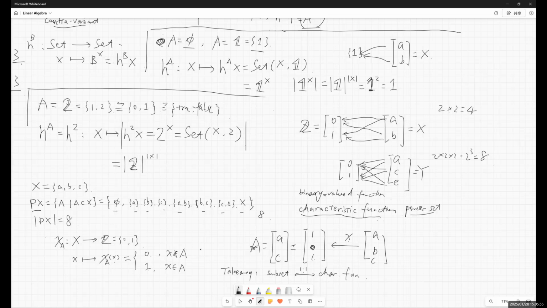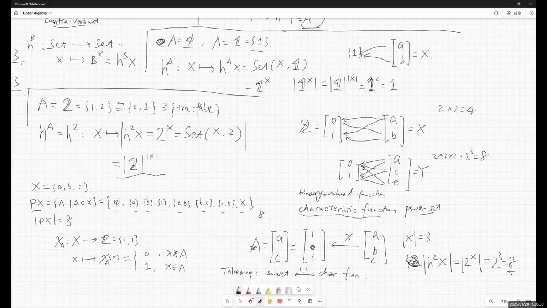So how many characteristic functions do we have? The answer is here. Here we have X equals A, B, C, so the cardinality of X is 3. So the characteristic function home set here is 8.